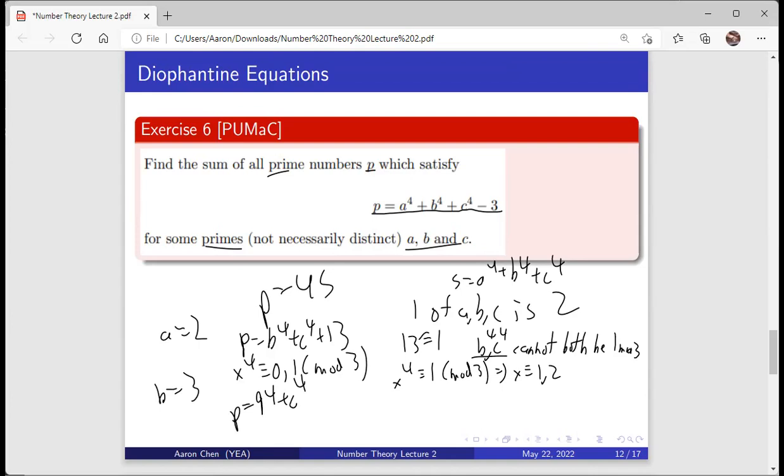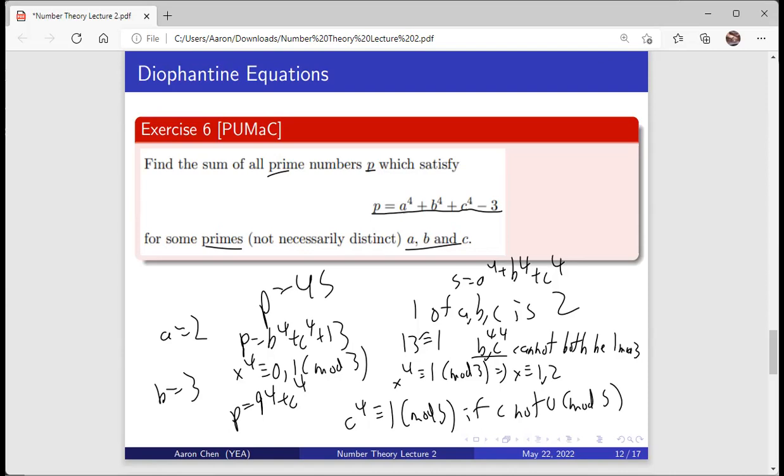Now we test mod 5. c to the fourth is congruent to 1 mod 5 if c is not 0 mod 5. And that would give you a multiple of 5, which is clearly not going to work, because the only multiple of 5 that is prime is 5 itself, and that would imply that c is negative, and primes are never negative.